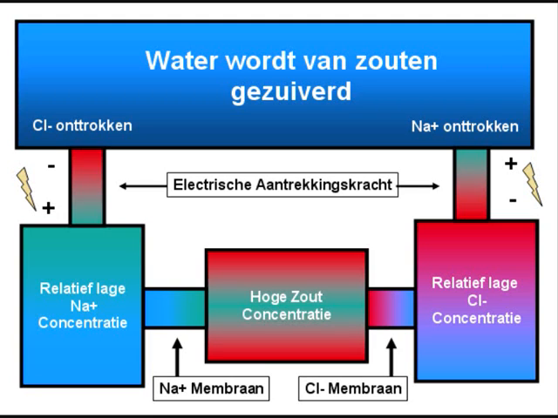The chloride part is negatively charged, the sodium part is positively charged. You then put those two basins next to a basin that has a little bit of salinity, so normal seawater, and of course the compartment with the sodium will attract the chloride out of the seawater, and the compartment with the chloride will attract the sodium out of the seawater, and so you get fresh water.